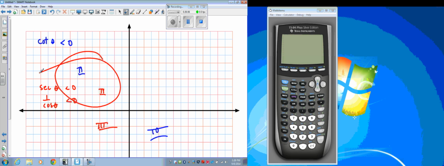Okay, 56, Nicole. Not possible. 56 is cotangent, isn't it? Yeah. Oh, it is possible. Okay. 57, Elizabeth.